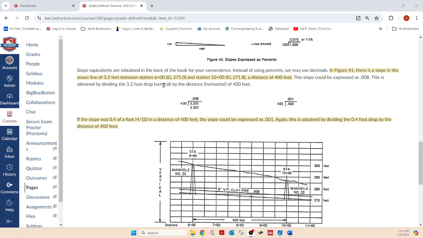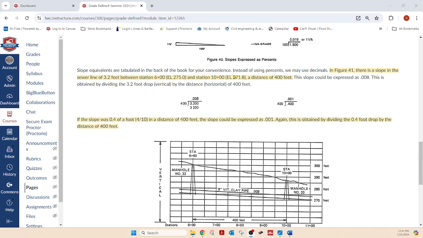Now then, let's take elevation 275 versus 271.8. I'm talking not station, I'm sorry, elevation.